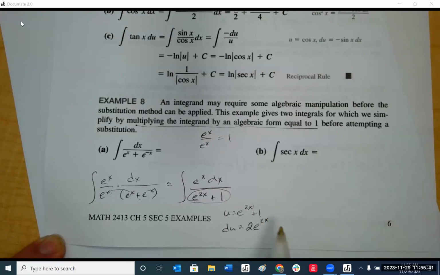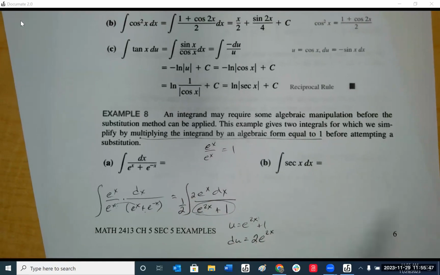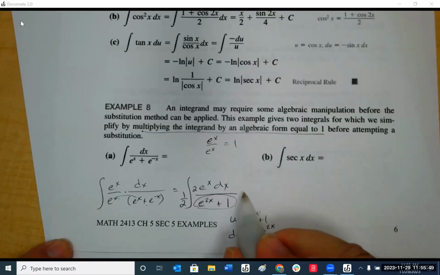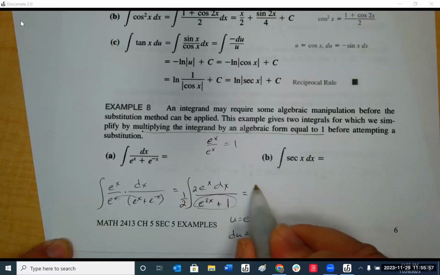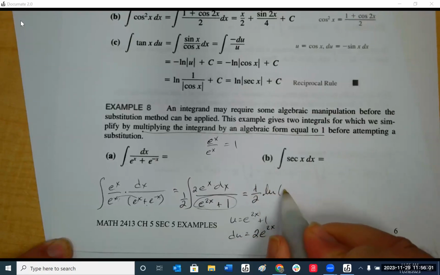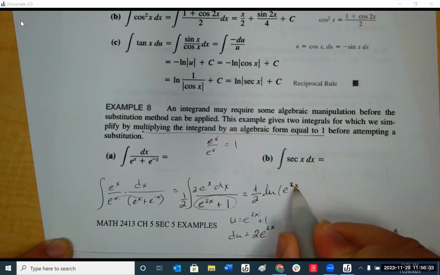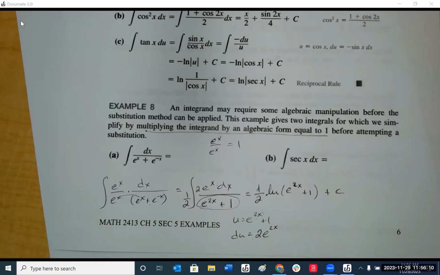The 1 goes away. So we're missing a 2. Now we're in the form of du over u, which is ln of e to the 2x plus 1, plus c. That's the first one.